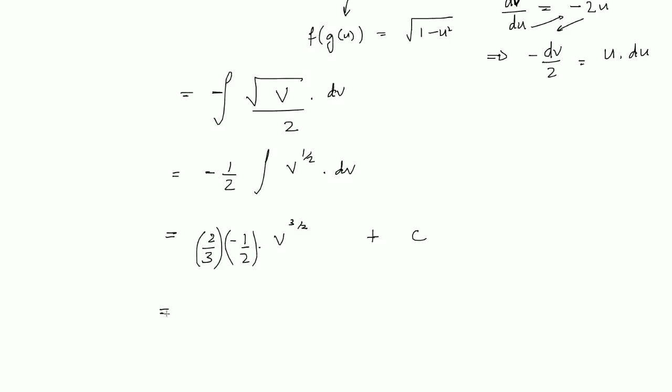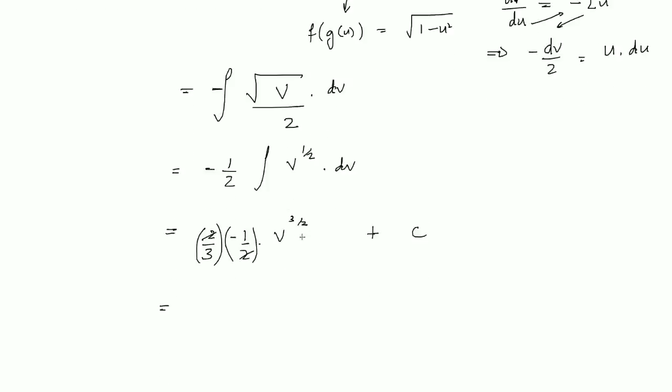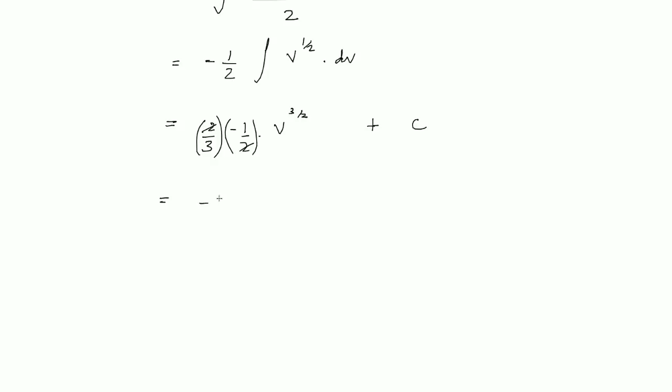And the last step is to replace the v's with u's. So we'll have negative 1 over 3, 1 minus u squared to the power of 3 over 2, plus constant of integration c. And there's your answer.